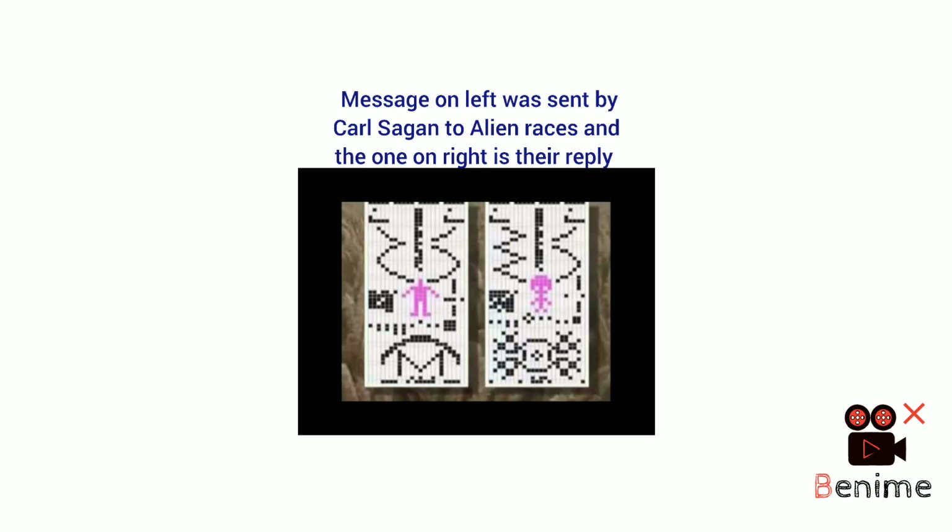And let us see, this is a very interesting diagram. This was a message sent to the aliens by the famous scientist Carl Sagan, in the hope that someone out there, if there is an intelligent life out there, they will see this and they will respond. So in this, he has clearly given the DNA of human race as one full strand and one half strand.